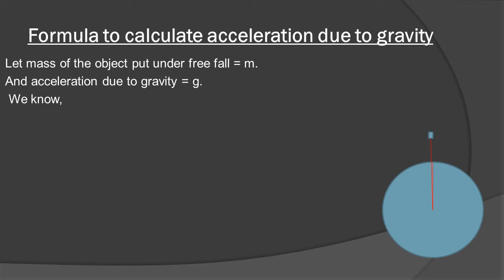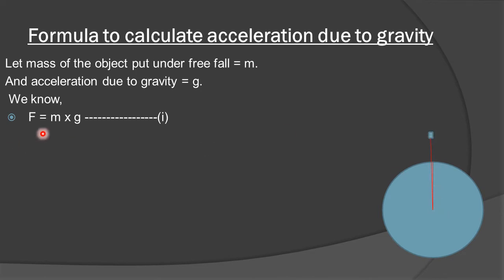The same thing is shown here. This is the small object and that object falls towards the earth's surface. This is earth. Okay. Mass of the earth is capital M and mass of this small object is denoted by small m, and acceleration caused due to gravity is small g.